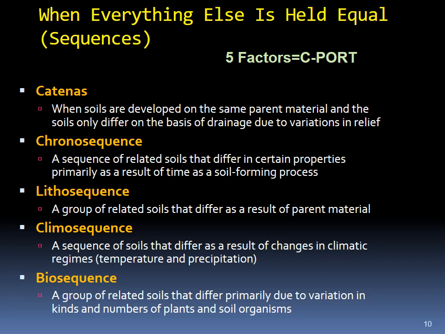A climosequence is when all other factors are equal except climate, and because of the climate you might create variation in the soil. A biosequence is a soil group that differs only due to the type and number of biological activities, like the organisms and plants.